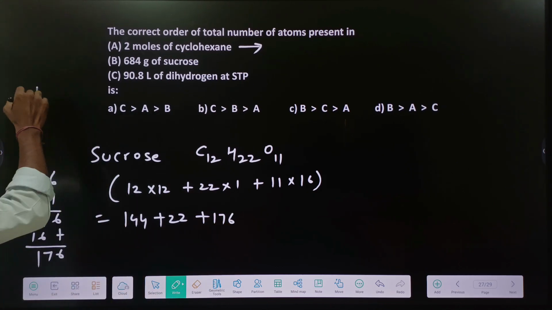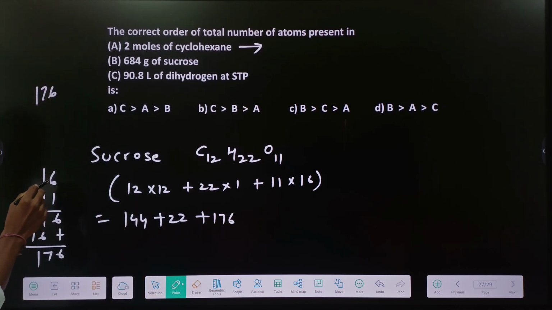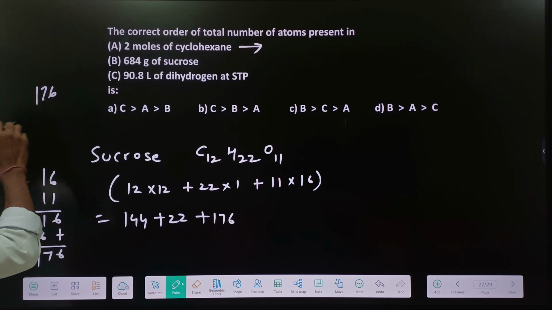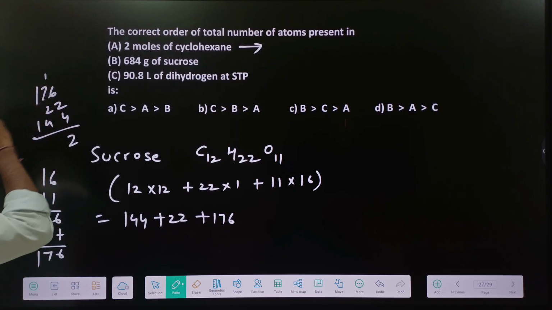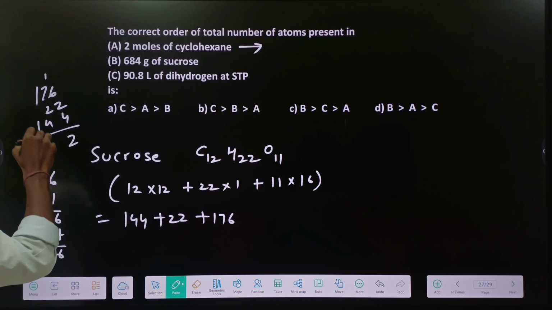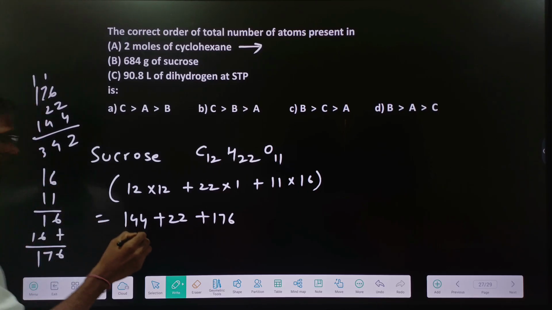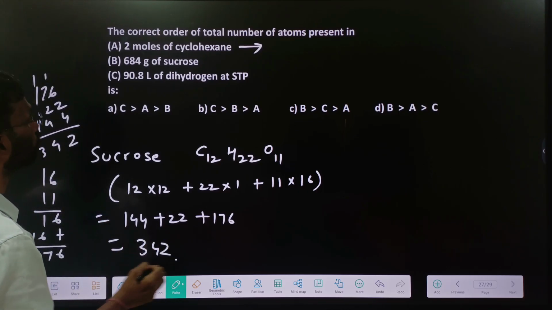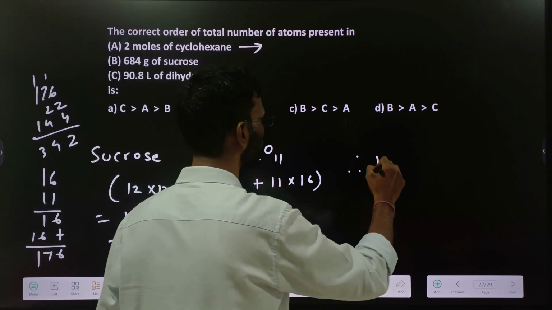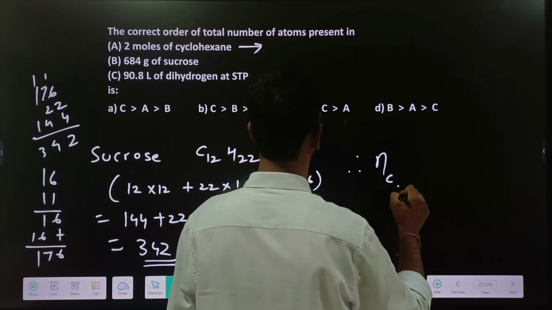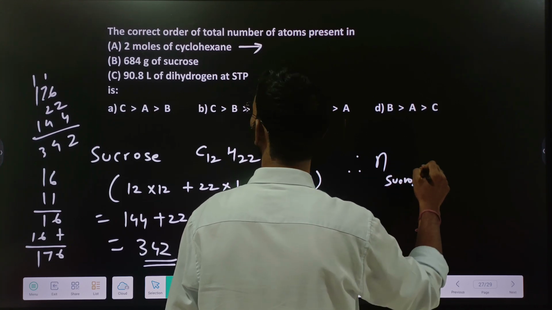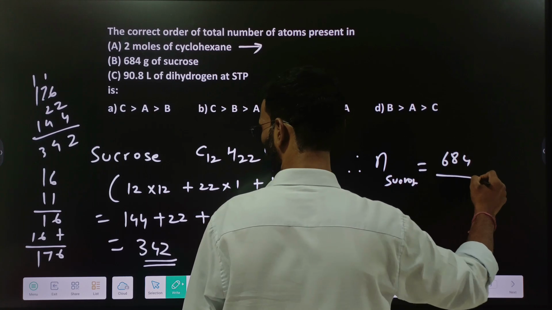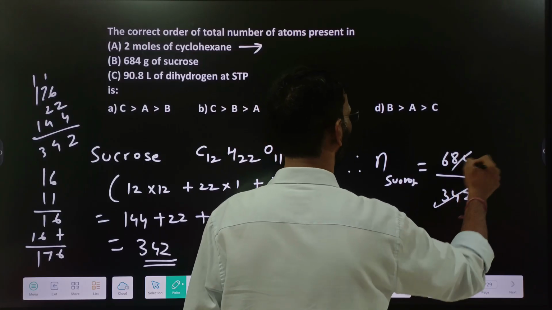So 176, 22 and 144: 342. Therefore, number of moles in sucrose will be given weight 684 divided by 342, 2 moles.